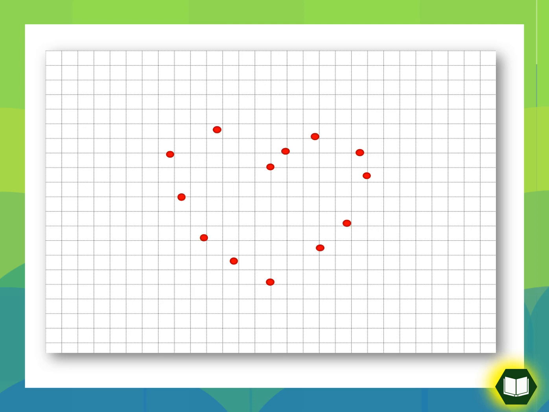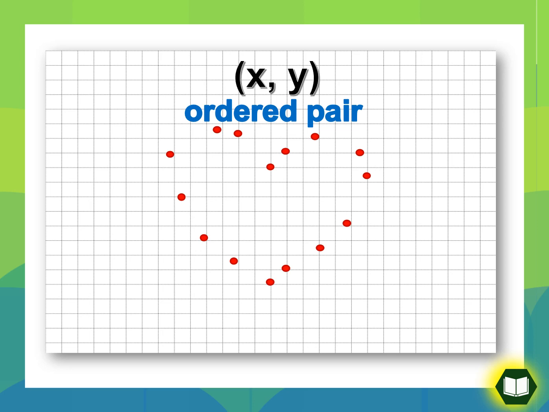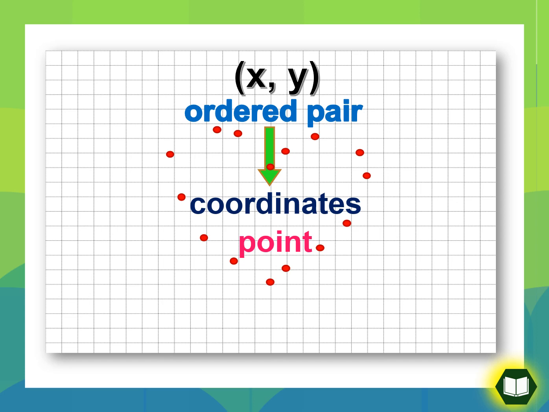Every point in the Cartesian plane can be described using an ordered pair (x, y) of values. This ordered pair, called the coordinates of that point, represents a point.